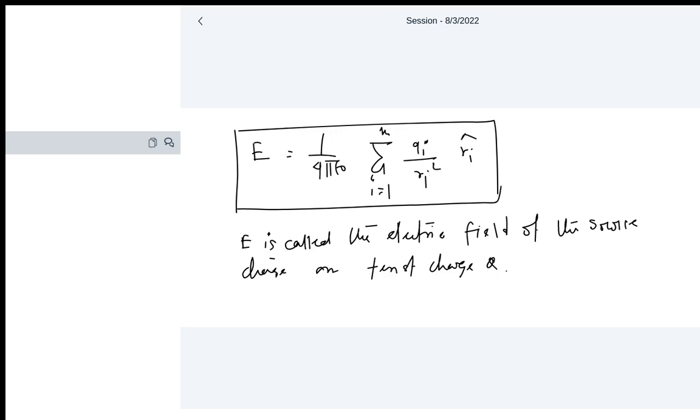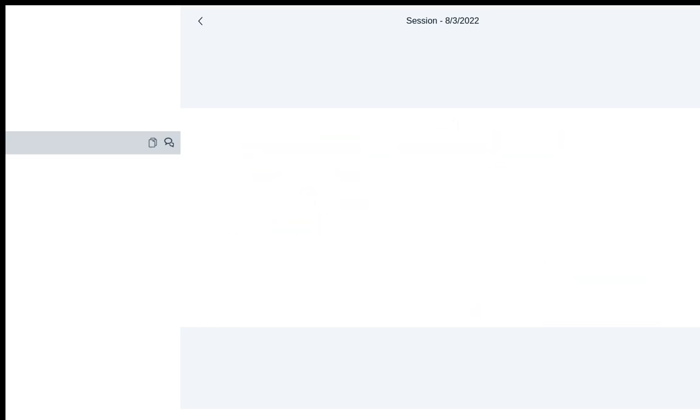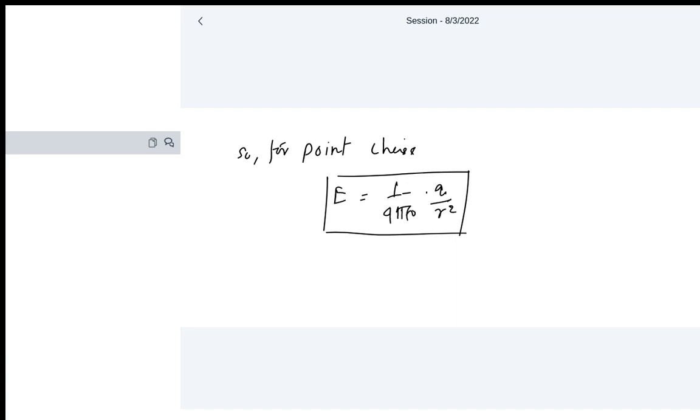So for a single point charge, the expression of the electric field equals 1 upon 4 pi epsilon naught Q upon R square. Here R is an arbitrary distance, the distance at which we find the electric field.